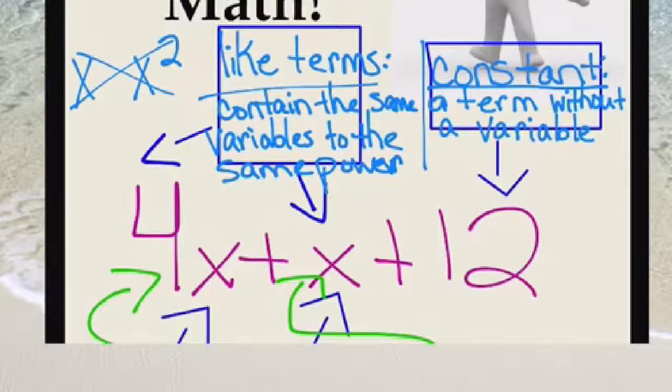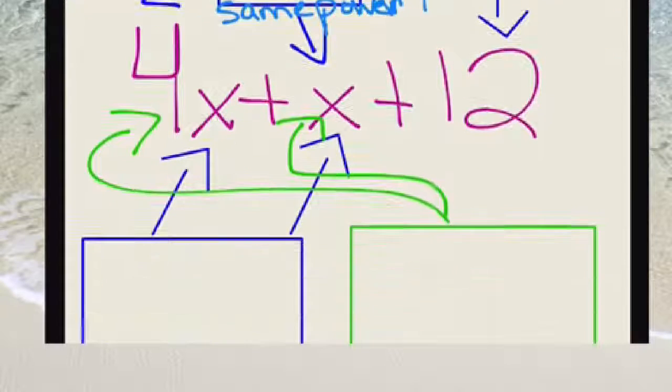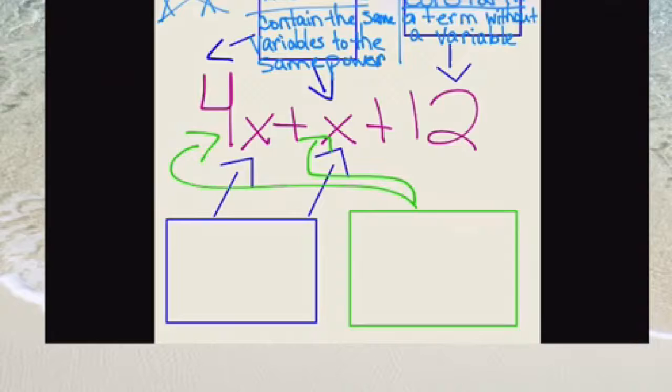The next thing that we're going to talk about is how many terms there are in this expression. And terms are any part of the algebraic expression. And you can see here that we've got 4x, x, and 12.